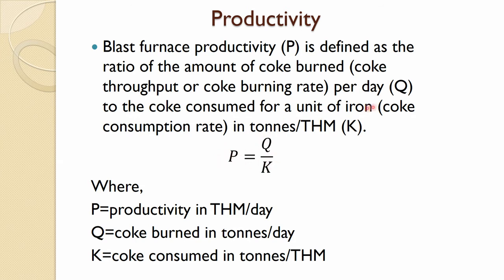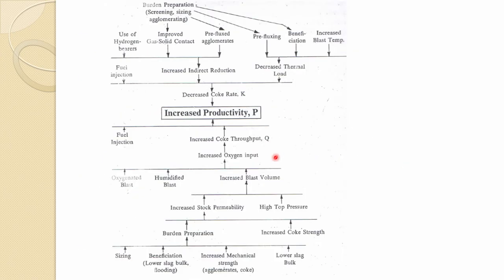Or the coke consumption rate, tons per ton of hot metal, should be decreased, then you can get the higher productivity. So, how can we decrease the coke rate?